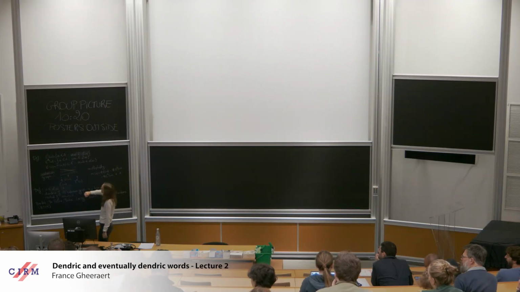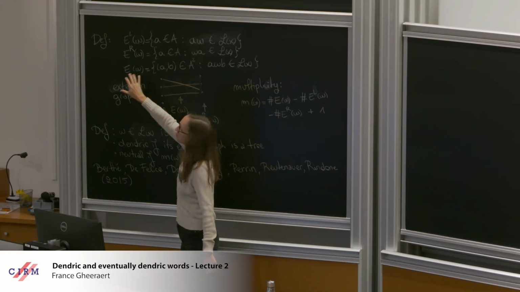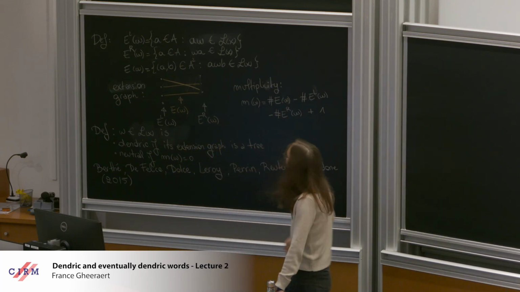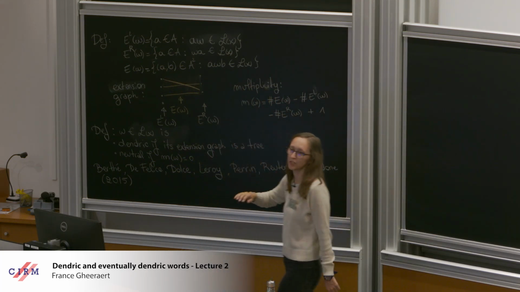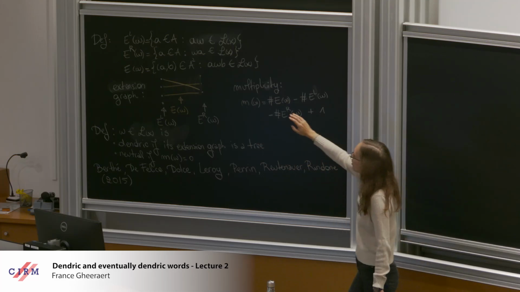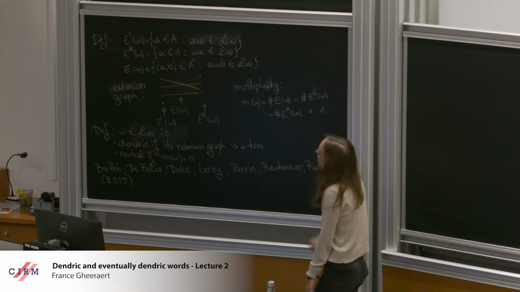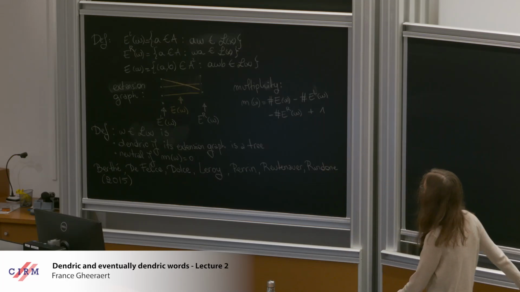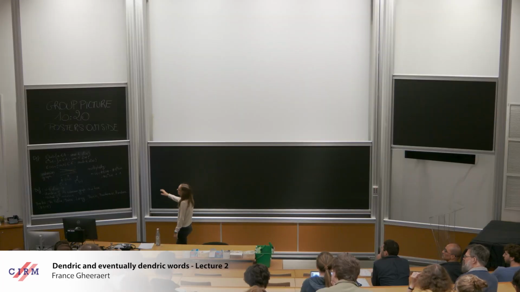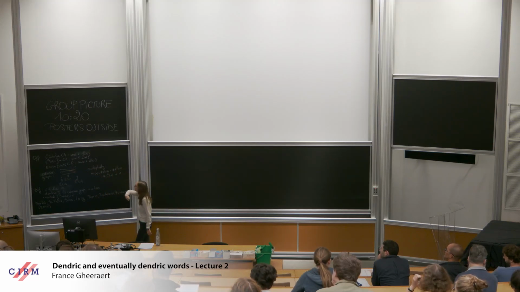So, to recall, given a sequence X and the word W that appears in X, we defined the notion of left extensions, so the letters we can see to the left of W, right extensions, so the letters we can see to the right of W, and two-sided extensions, so the pairs of letters that can surround W. Based on this, we defined essentially two properties.